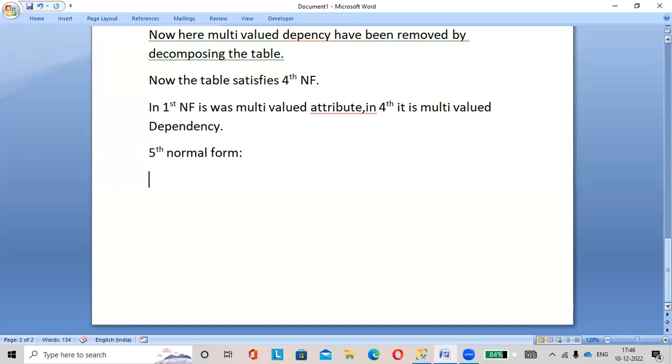It should not have any joint dependency.